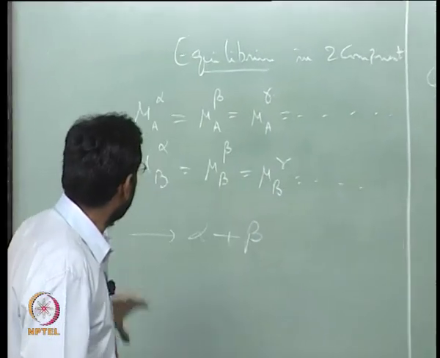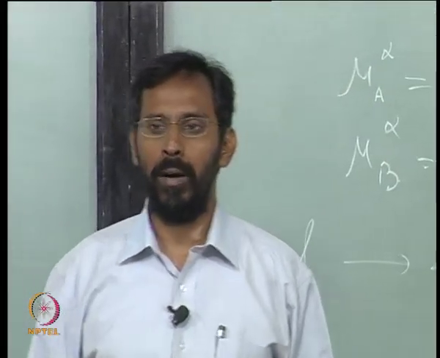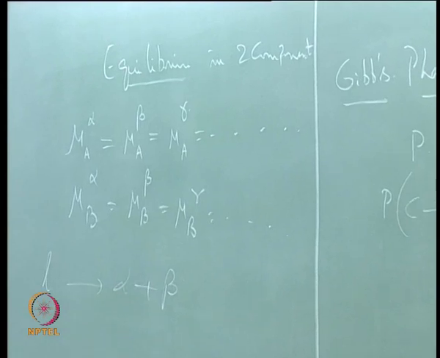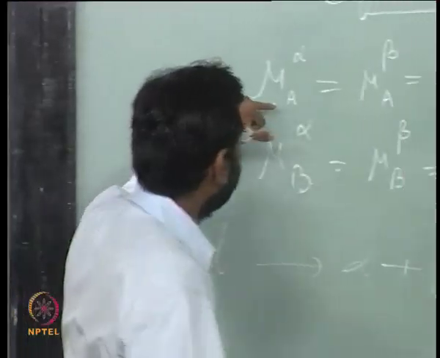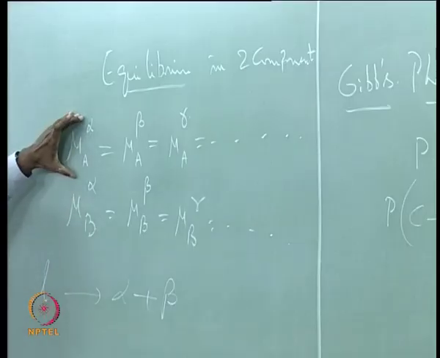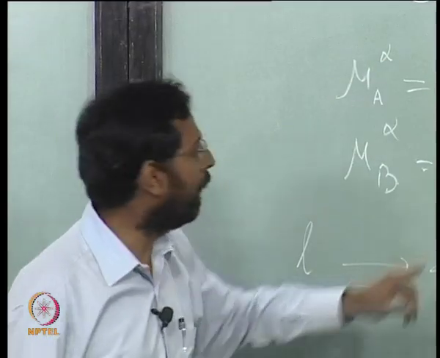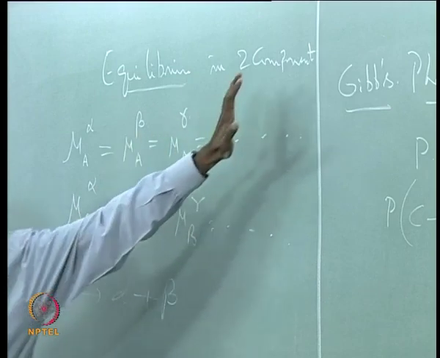And if I say that all these phases are in equilibrium with each other, then equilibrium demands that certain variables become automatically constant. What is that? Equilibrium tells me that for each component, if I define, for example, the chemical potential for pure A, mu A alpha, I need not define mu A beta and mu A gamma and so on.